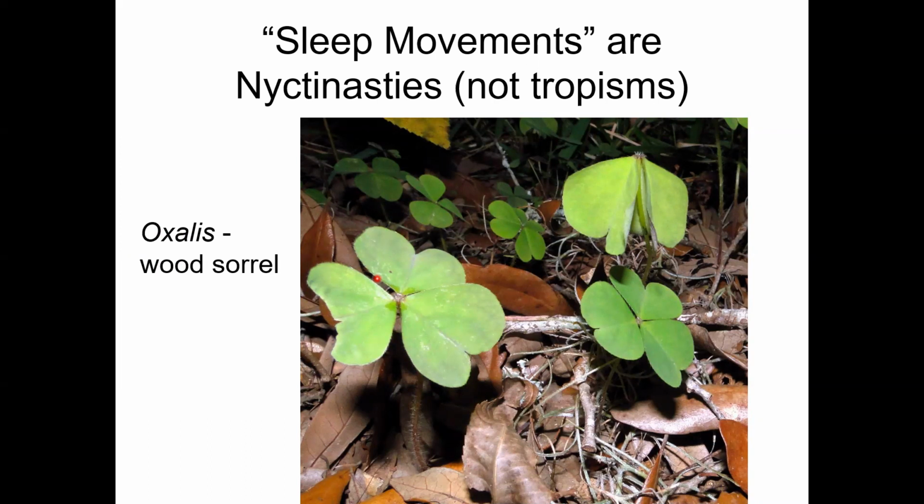But if you cut the light down, nicto means night. And we're referring to, like in this wood sorrel, a sleep movement: when the light drops down, the leaves start to droop in certain plants. And that's what's going on here.